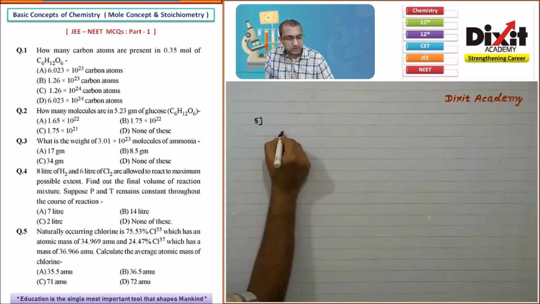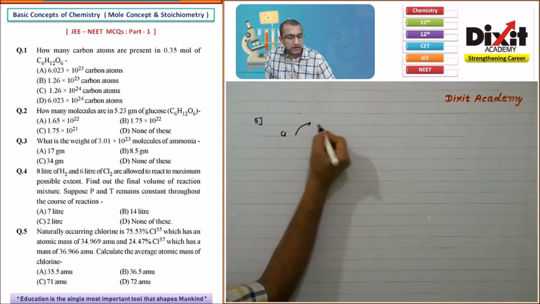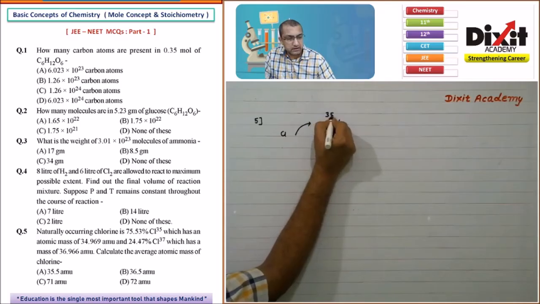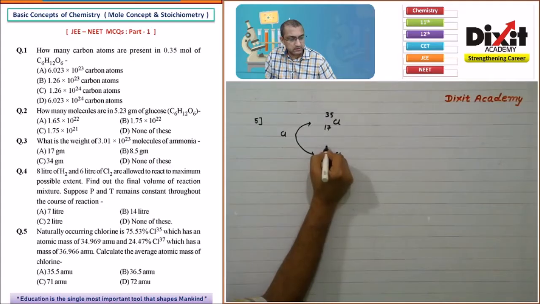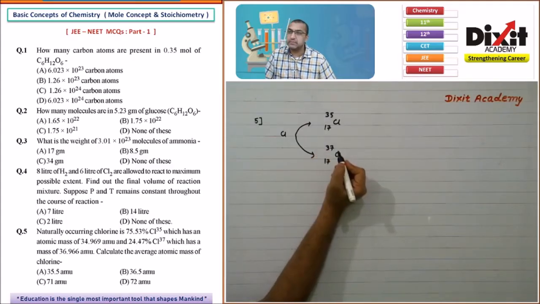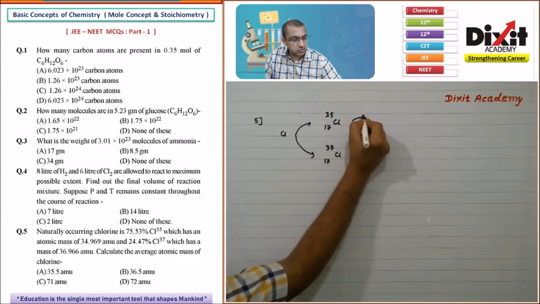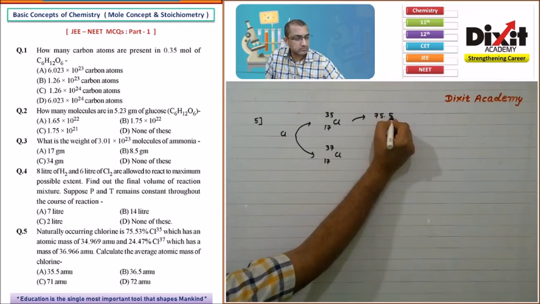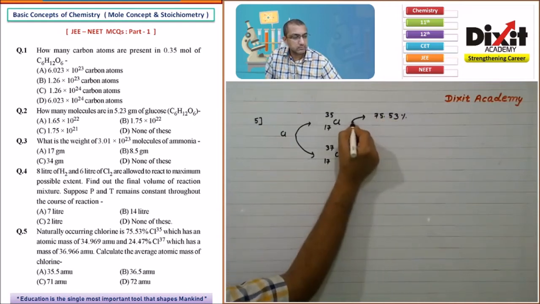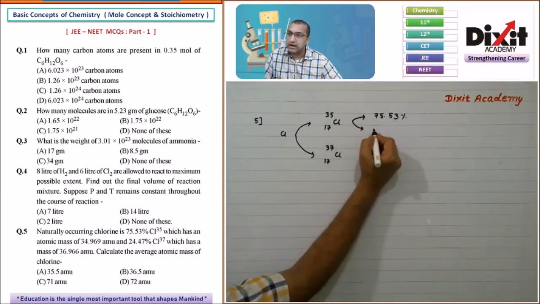So given chlorine, it has two isotopes, Cl-35 and Cl-37. For the first isotope, the isotopic abundance is 75.53%, and it has atomic mass of 34.969 AMU.